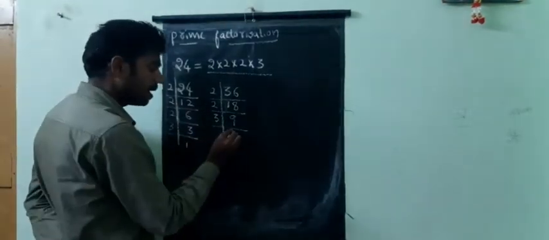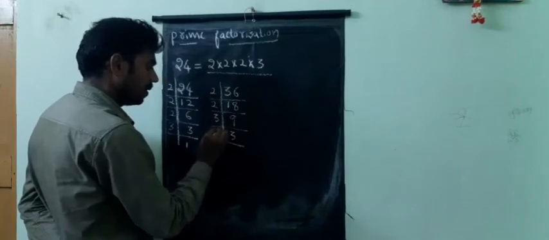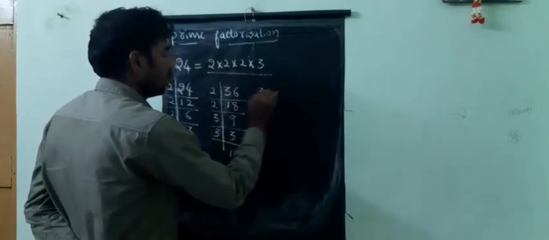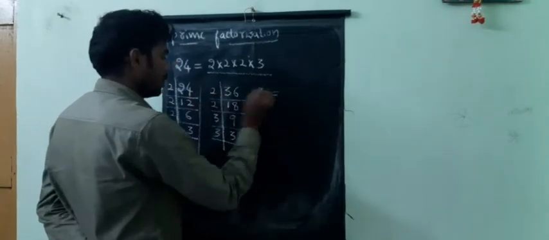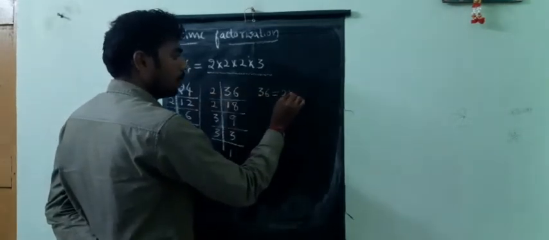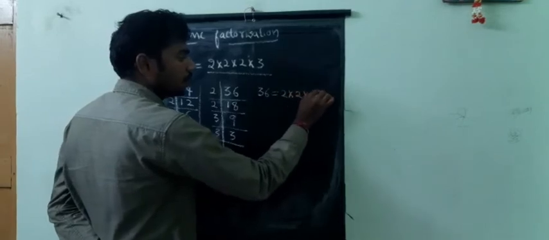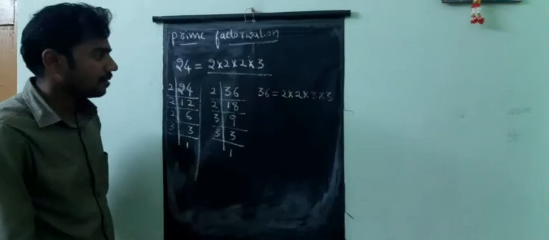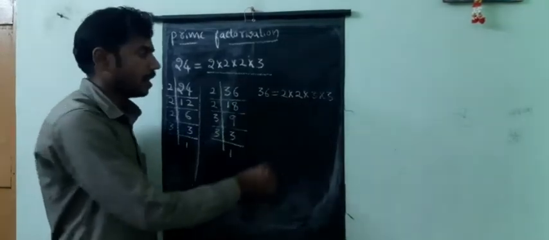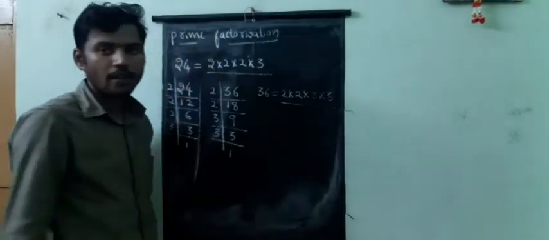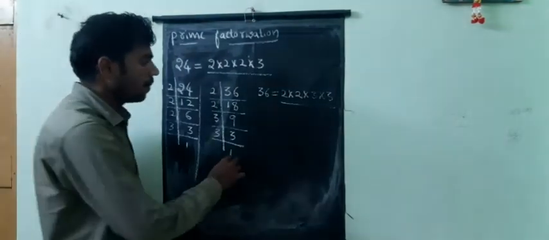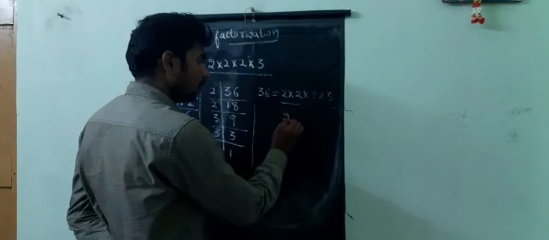So 3 3s are 9, 3 1s are 3. So 36 can be written as 2 into 2 into 3 into 3. I have expressed 36 in terms of prime factors. One more number, if I take 27.